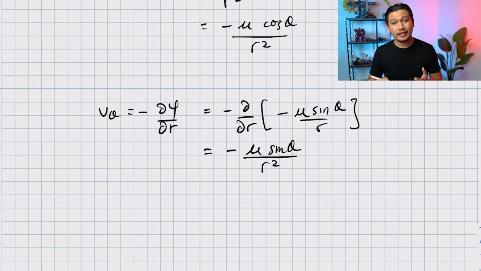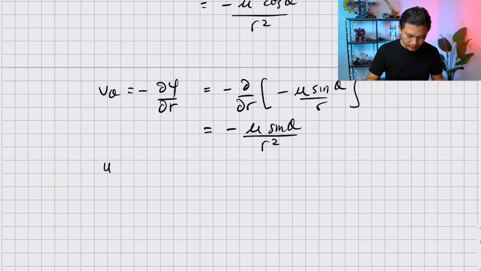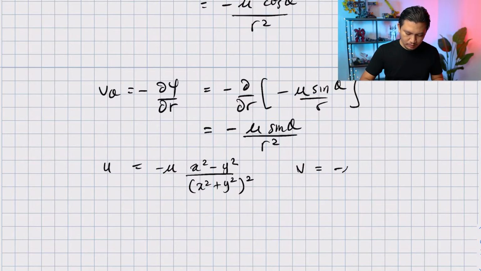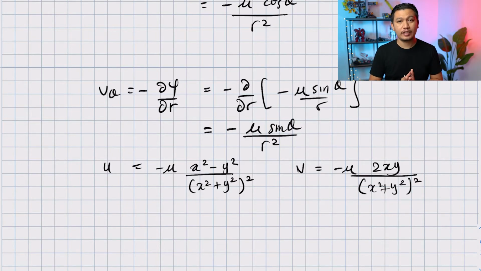And if you want to represent this in Cartesian coordinates, the velocity in x direction, or u, will equal minus mu times x squared minus y squared over x squared plus y squared, and everything is squared. And the velocity in y direction, or v, equals minus mu times 2xy over x squared plus y squared, squared. Now, this is definitely more complicated than the Cartesian velocity for source and irrotational vortex.